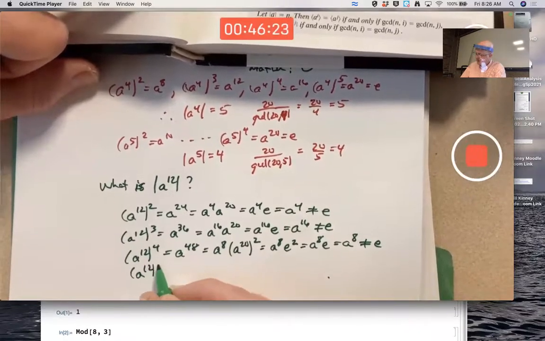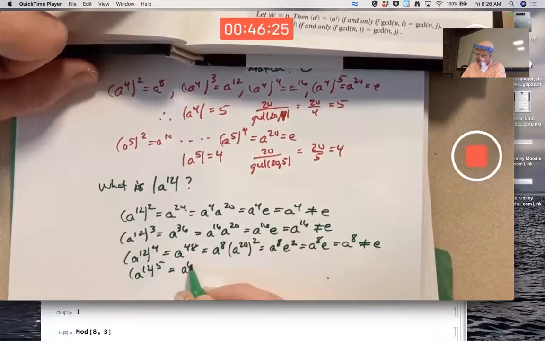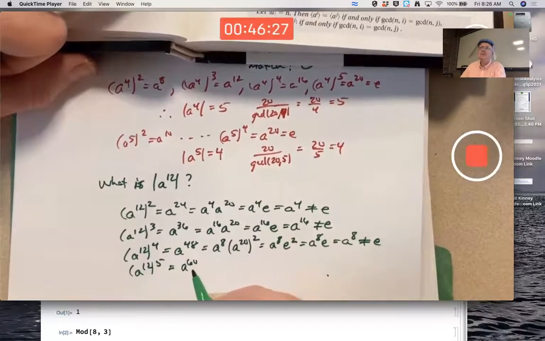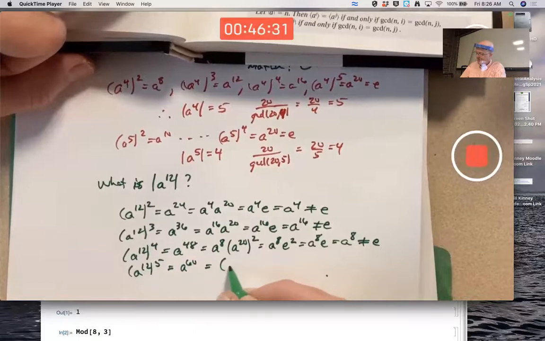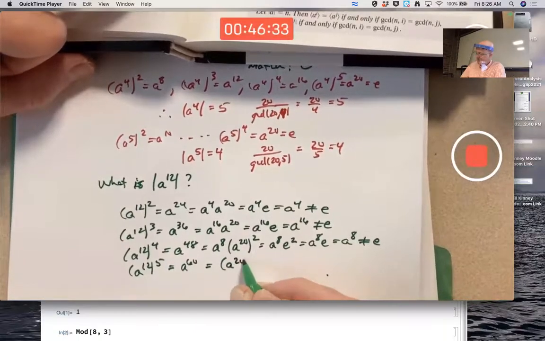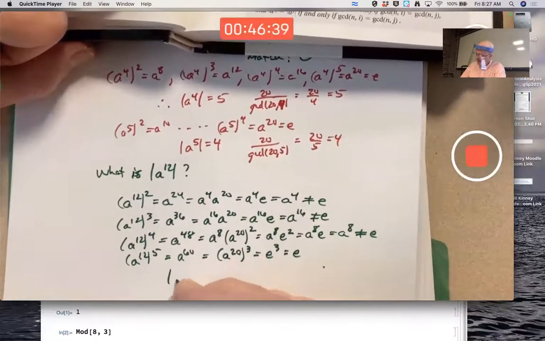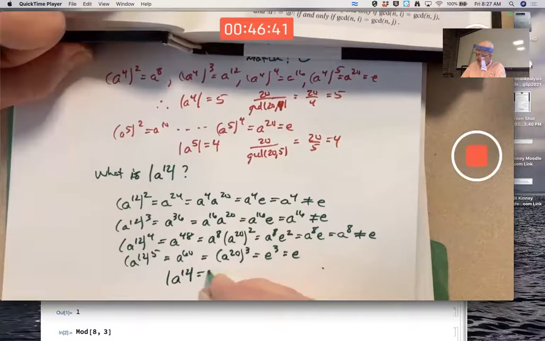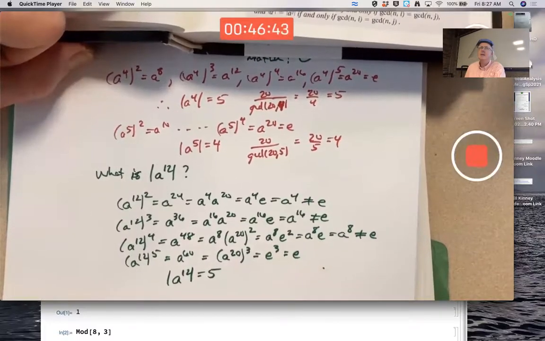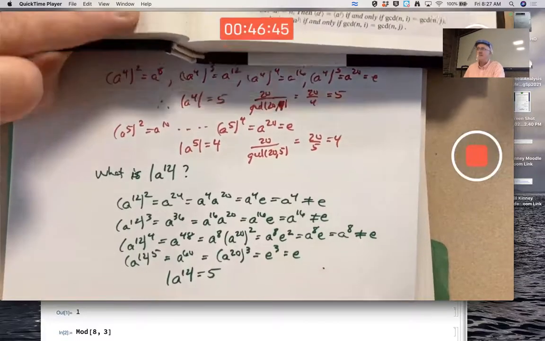A to the 12th to the 5th is a to the 60th. 60 is a multiple of 20. That's a to the 20th cubed. E cubed is e. Looks like the order of a to the 12th is 5. This is more significant. Does this match the theorem?